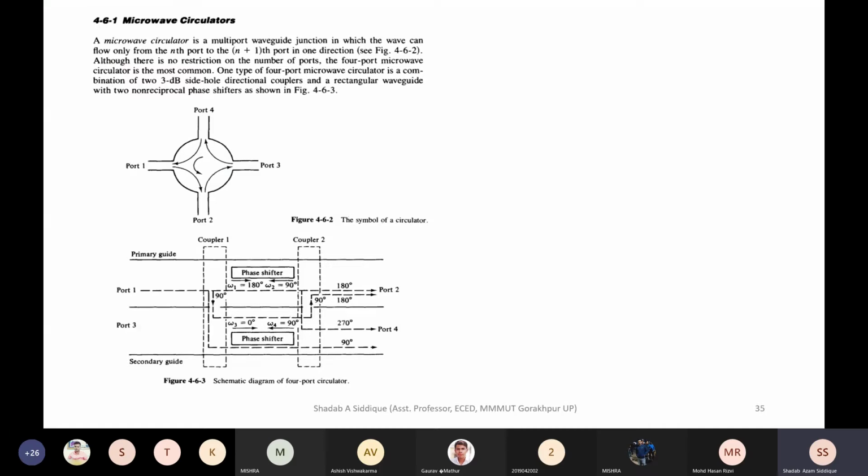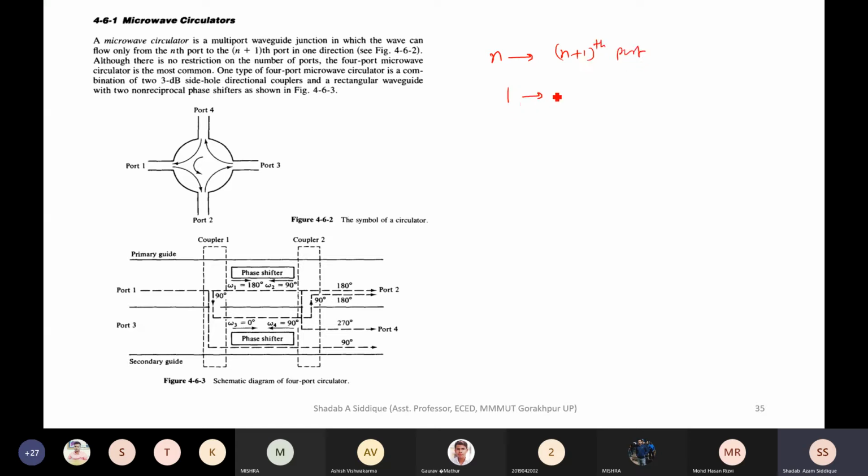So we have this circulator here. A circulator can have a number of ports; it has n ports. If you talk about any port, the nth port, a wave at the nth port will go to the (n plus 1)th port.